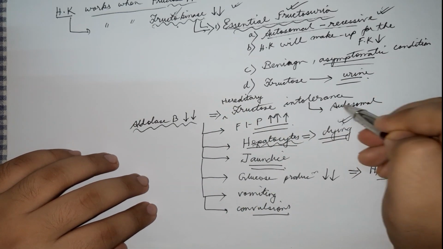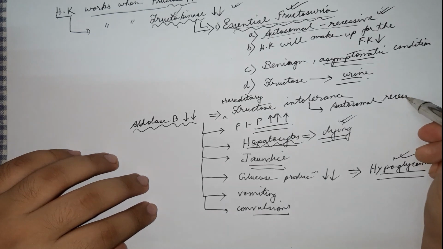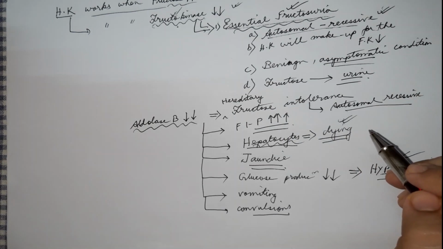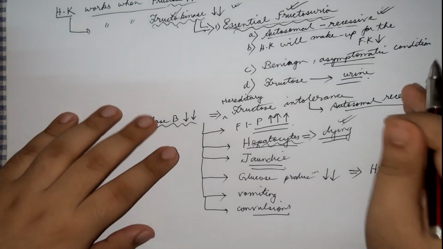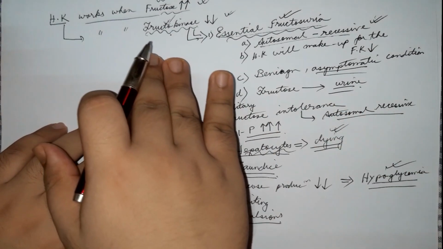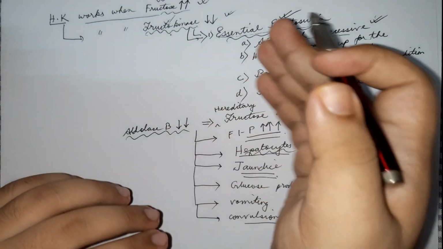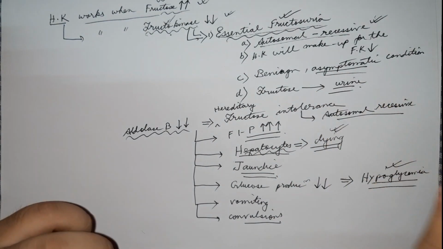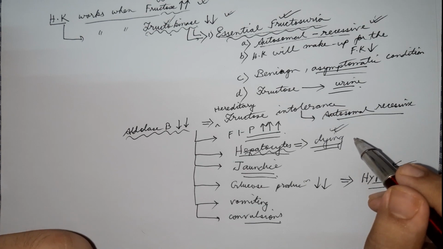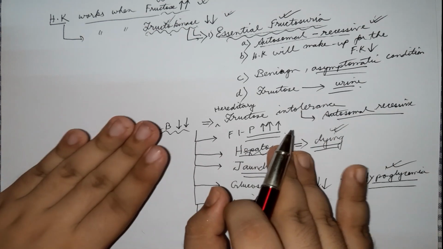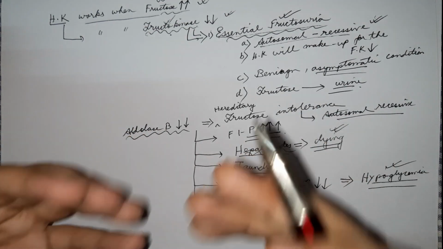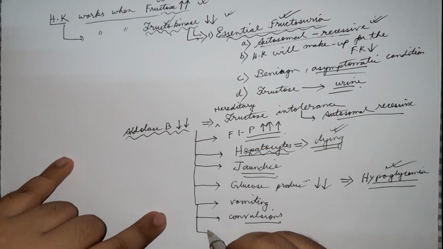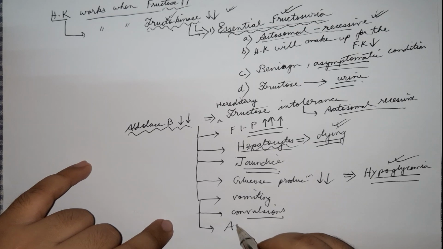Okay, this is also an autosomal recessive condition. And let me tell you another thing. Just like in the case of fructokinase deficiency, where we said it is an asymptomatic condition, right? In hereditary fructose intolerance also, this is actually what we say to be asymptomatic.